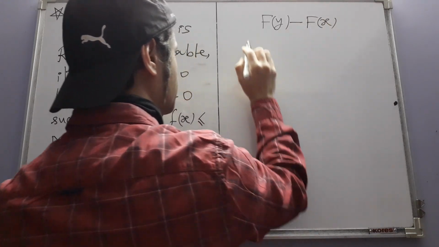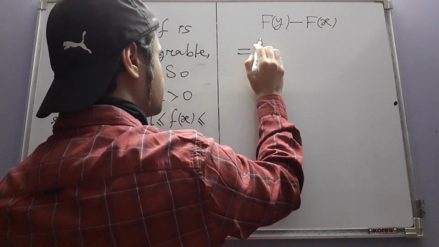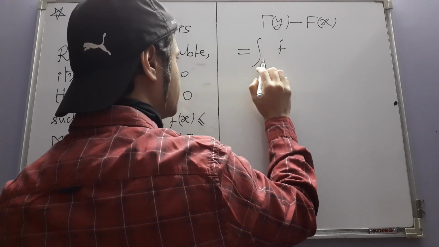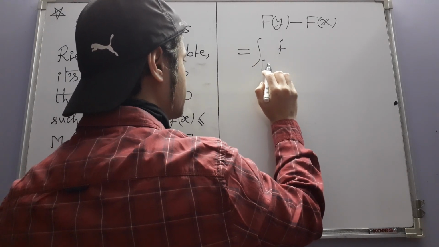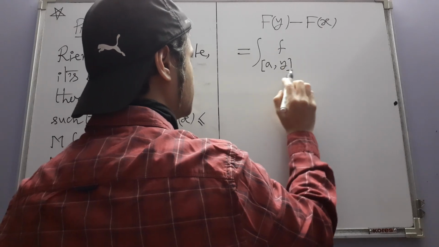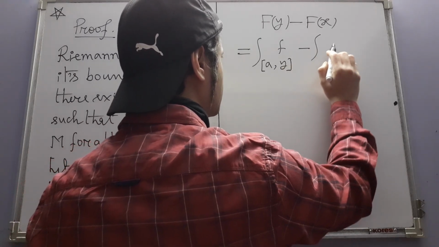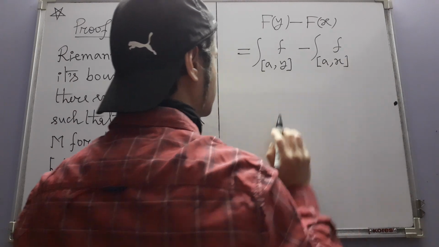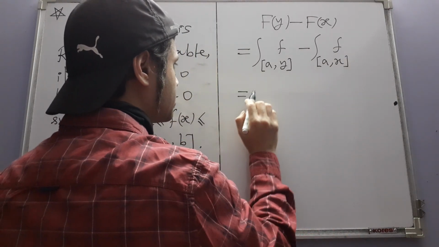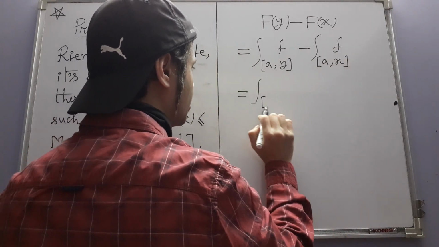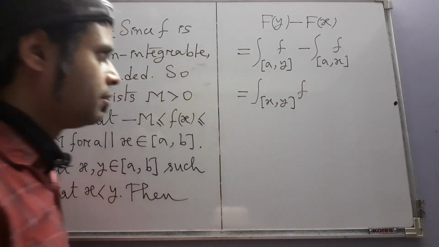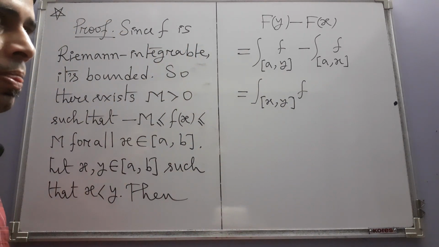We first apply the definition of this function. This is the integral of small f over the interval a comma y minus the integral of small f over a comma x, and it turns out to be equal to the integral of small f over x comma y.